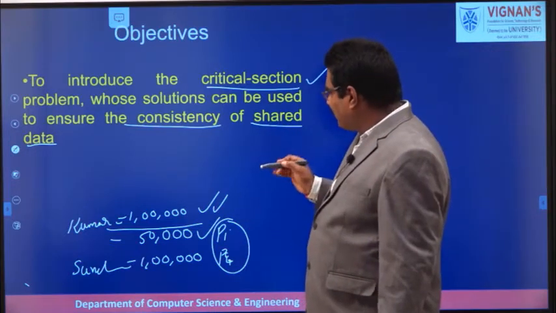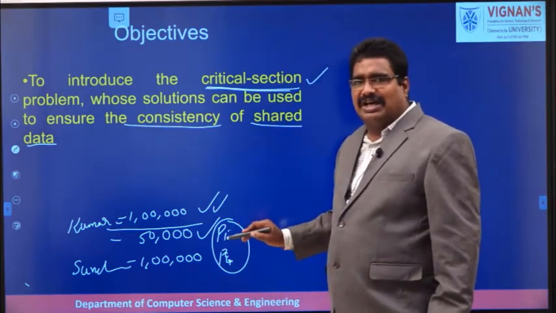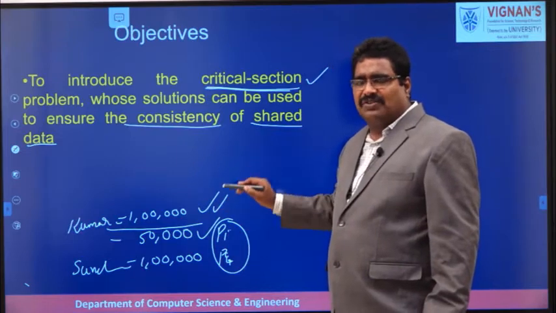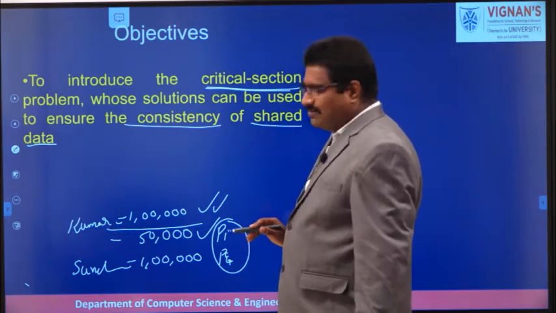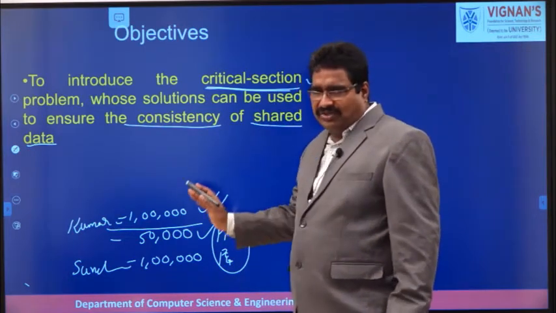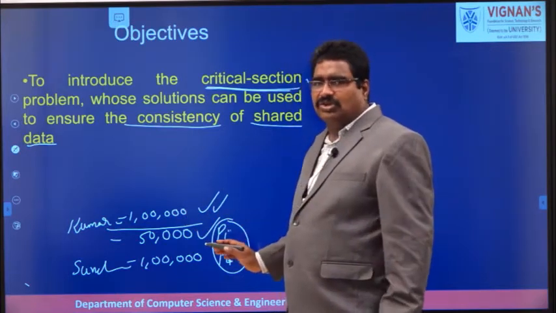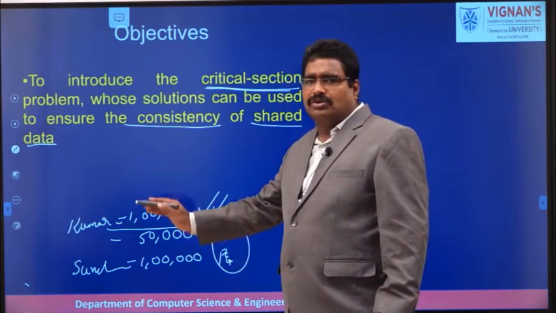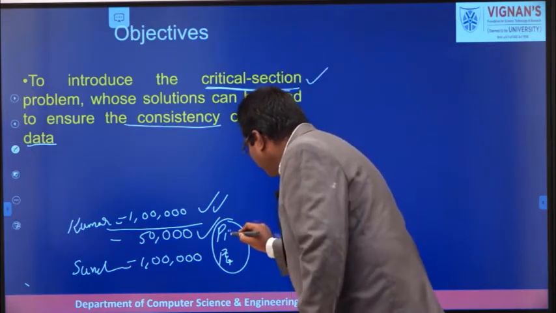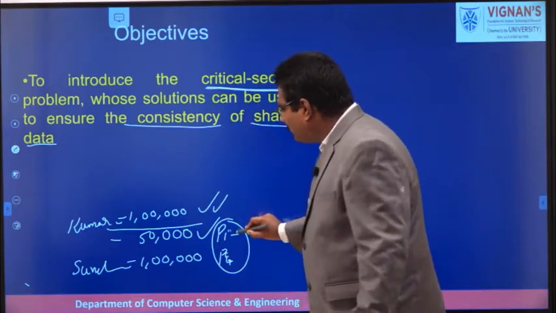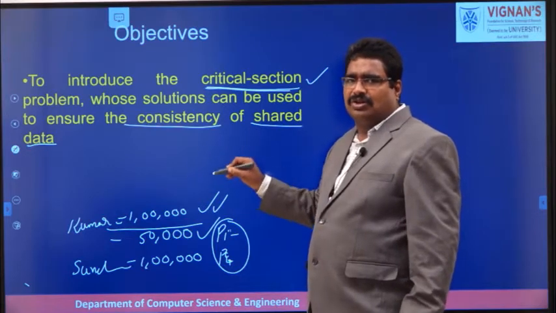So what is our critical section problem? Suppose these two processes are allowed to modify Kumar's balance at the same time. P1 transfers 50,000 rupees from Kumar's account to the merchant account, and P2 transfers 1 lakh rupees from Sunil's account to Kumar's account. If these two processes start at the same time, the opening balance of Kumar's account for P1 is 1 lakh, and it deducts 50,000 and stores the result in Kumar's account.